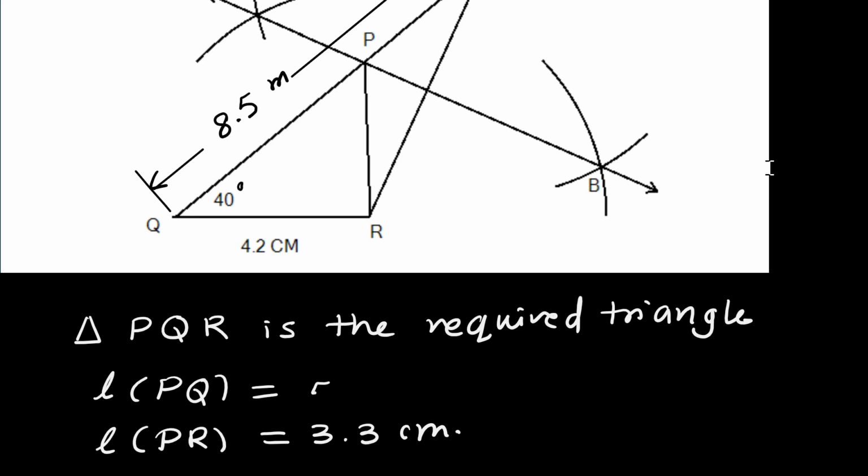Five point two. Now the standard tolerance is plus or minus 0.2. So your answer must be length PQ 5 to 5.4 and length PR 3.1 to 3.5.